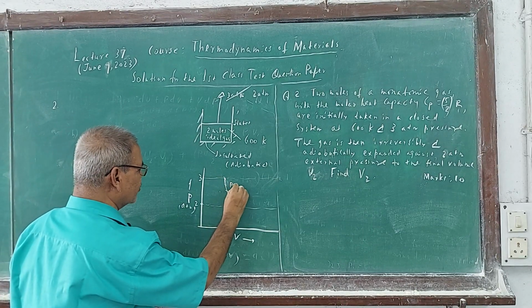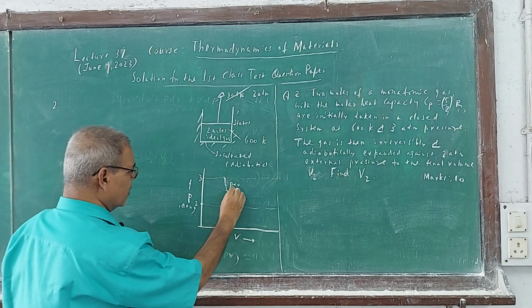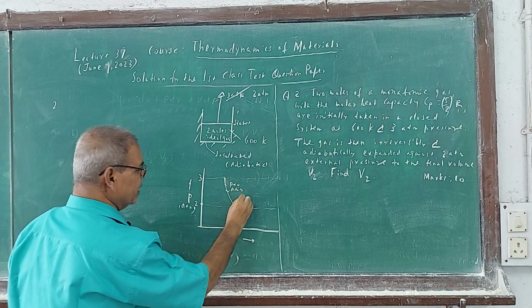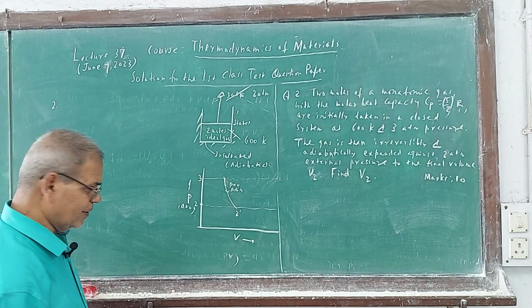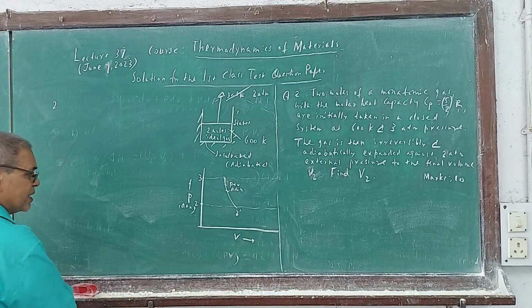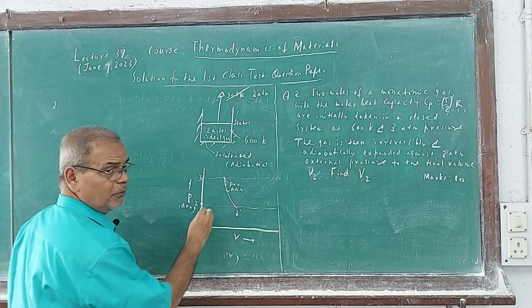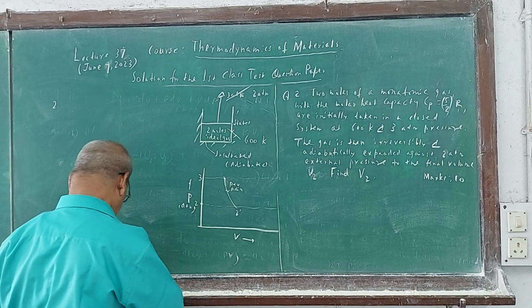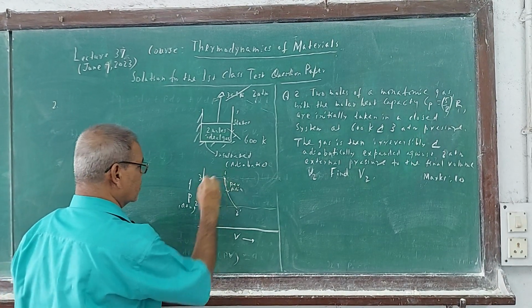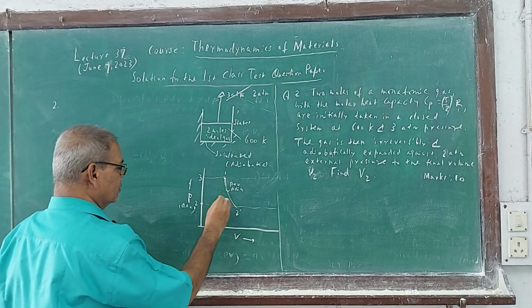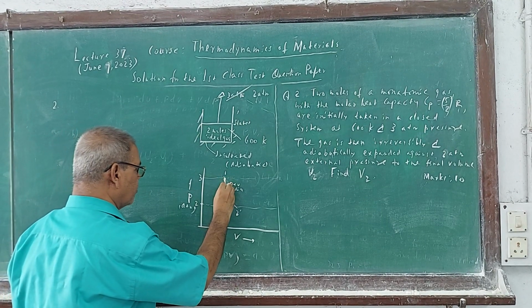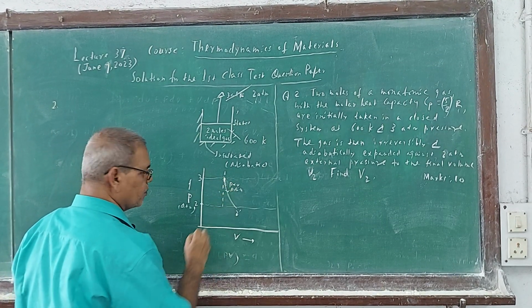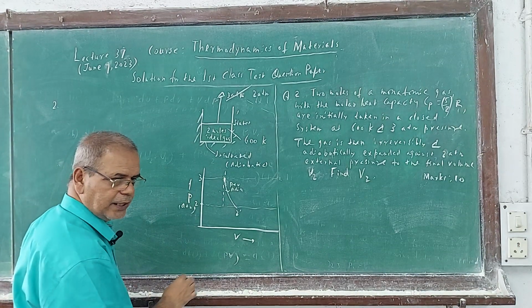You may not draw this reversible adiabatic, but this is irreversible adiabatic. I am giving a contrasting color, and it must be dotted. Right here, state 1, then drop, drop, drop suddenly.